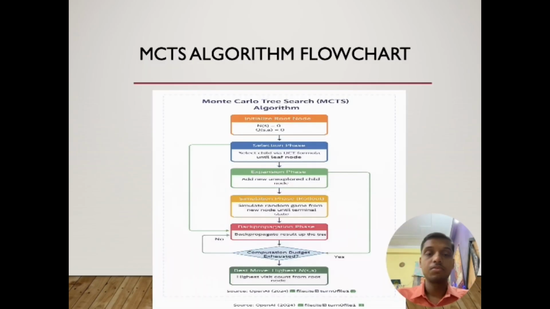This slide shows the complete workflow of the Monte Carlo tree search algorithm. The process starts with the initialization of the root node, in which we initialize two variables. The first one is q, which is equal to 0, and n, which is also equal to 0. Then the algorithm repeatedly performs the four phases: the selection phase, the expansion phase, the simulation phase, and the back propagation phase.